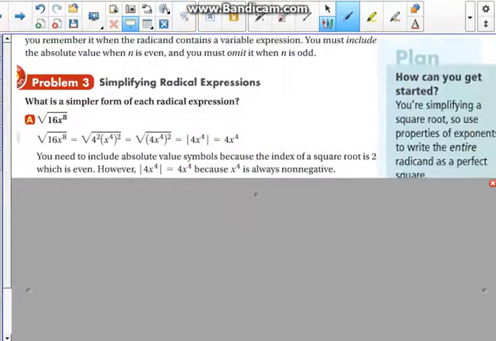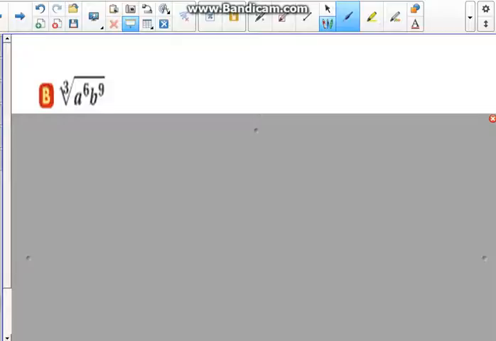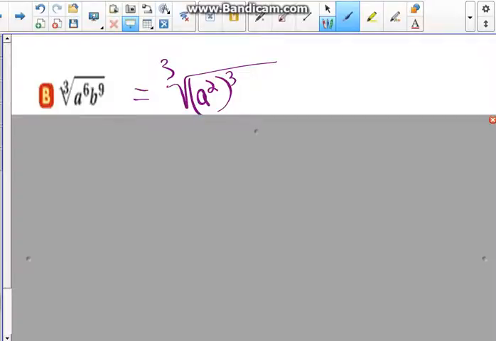Okay, next. We have B. We have the cubic root of a to the 6th, b to the 9th. So the first thing we're going to do is try to clear these. What can we multiply by 3 and get the 6? Well, it's going to be 2. So it's going to be the cubic root of a squared, cubed, and b to the third, cubed.